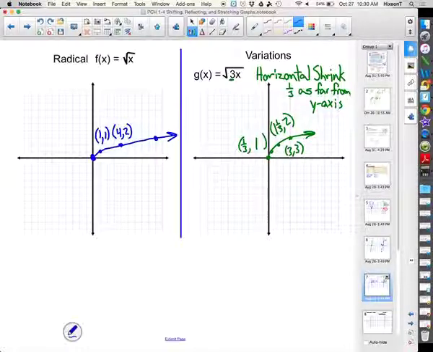If you just plug in points to try to get coordinates, you can do that, it'll give you the shape. But this is really making that recognition: look at the difference between those two functions, f of x and g of x. What you see different between the two is the 3 under the radical, right? So that 3 under the radical is really changing your input to the function.